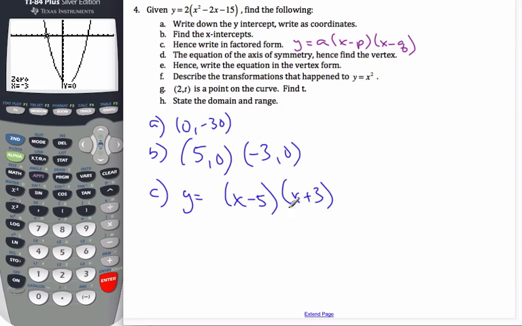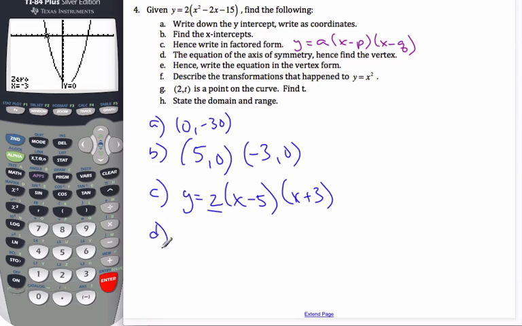So they look like opposite signs in here. And now I need the a value. Well, the a value in standard form is the same as the a value in factored form. A is always the same. So here the a value is 2. So this is factored form.